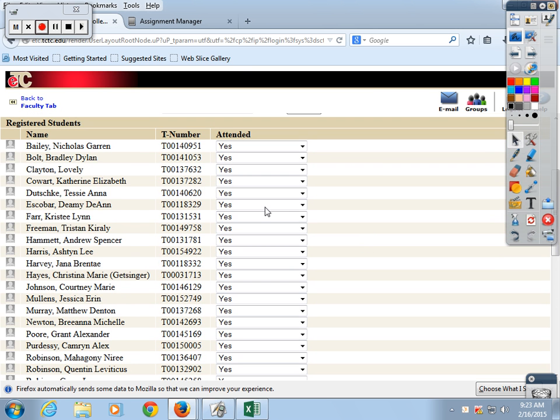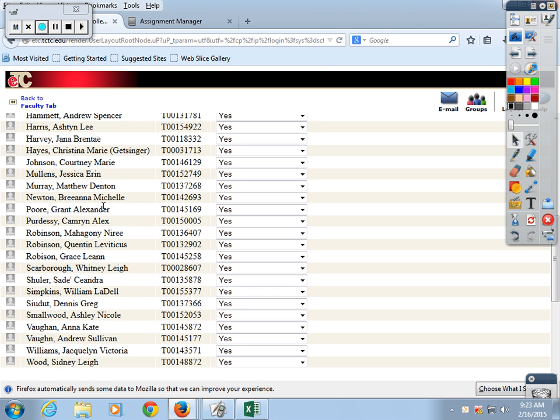Bailey, Bolt, Miss Clayton is here, Cowart is here, Dutchke is here, Escobar, Farr, Freeman, Hammett, Harris, Harvey, Hayes, here. Johnson, here. Mullins, here. Murray's here, Newton, Poor, no Poor, Perdisi, no Perdisi. I don't see Little Miss Robinson.